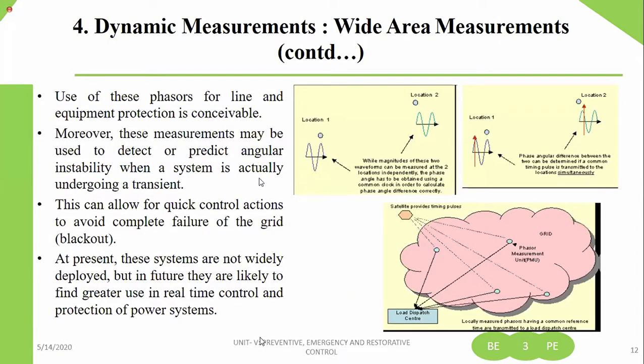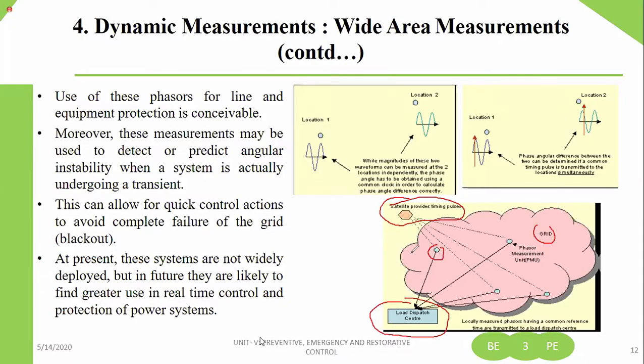Now I will explain with this figure. Here we have a load dispatch center, and a satellite provides the timing pulse. Your grid will be somewhere here, and location 1 is here.